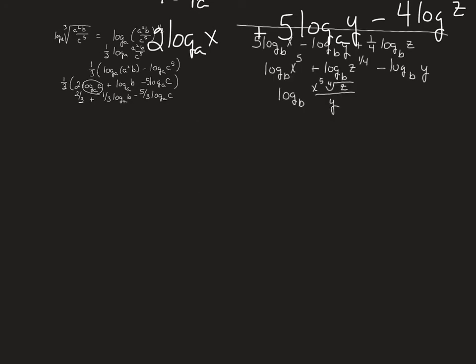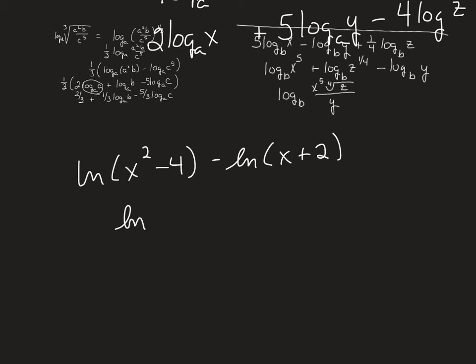We'll do one more like that. Okay, let's take the natural log of x squared minus 4 minus the natural log of x plus 2. Well, we are subtracting, so I can rewrite that as x squared minus 4.